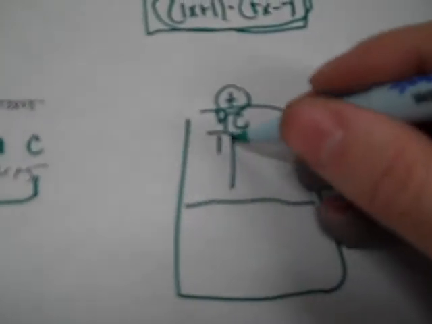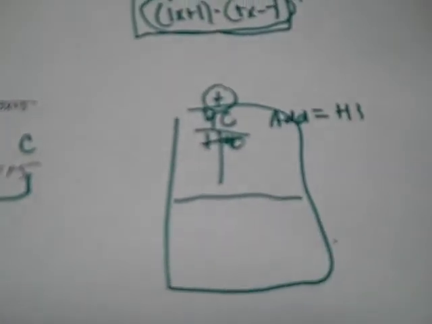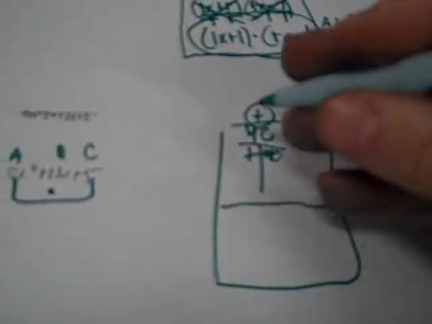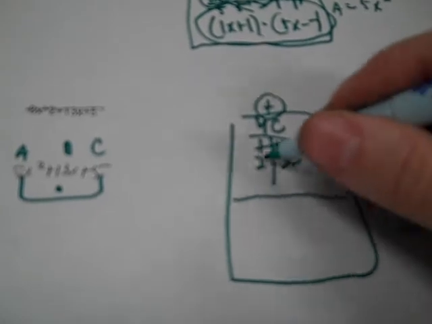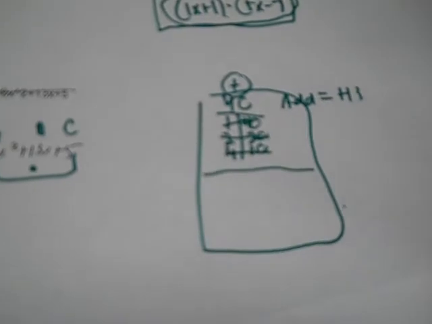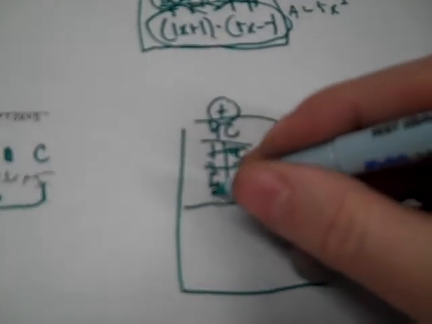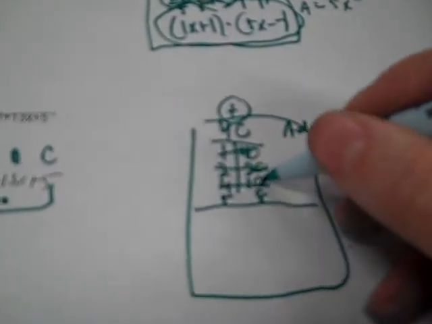Now, 1 and 40 will not do. Then 40 divided by 2 is 20. Okay, 20 plus 2 won't work. Decimal. 4 and 10, so 10 plus 4 is 14. I have to get 13. 5 and 8, that'll work, because 8 plus 5 is 13.